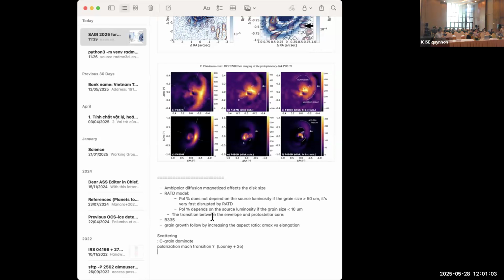So I wonder, is there any good way to distinguish which part is caused by self-scattering, which part by mechanical effects, and which part by magnetic fields? The second point is that in the disk regions, it is hard to apply the DCF method, and there are toroidal fields. So I wonder which method is good to estimate magnetic field strengths in disk structures.